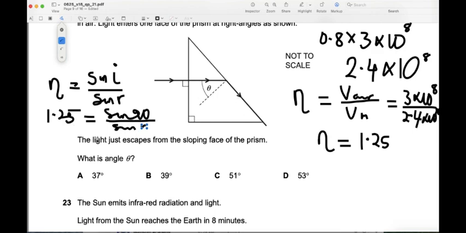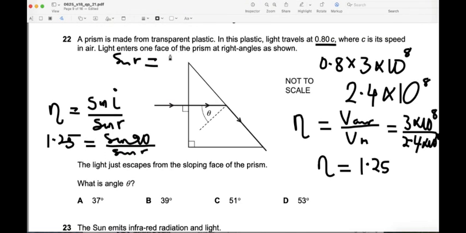Making sine R the subject, sine 90 is 1, so I just go straight to 1 divided by 1.25.